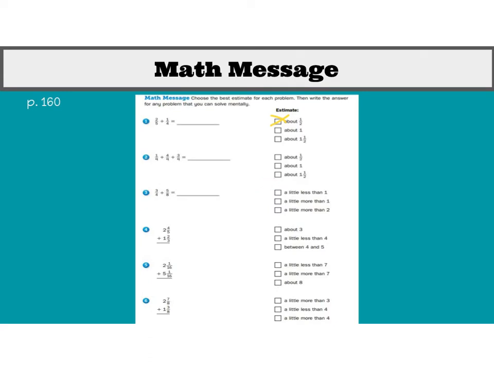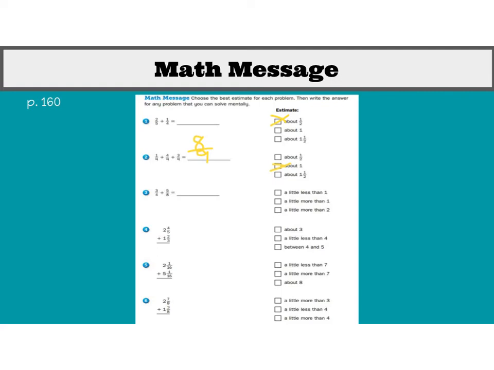So thinking about that for a minute, they all have the same denominator. I know I can do that one in my head. It's going to equal 8/9, which of course, if I were estimating, that is about 1. So I would mark that one.